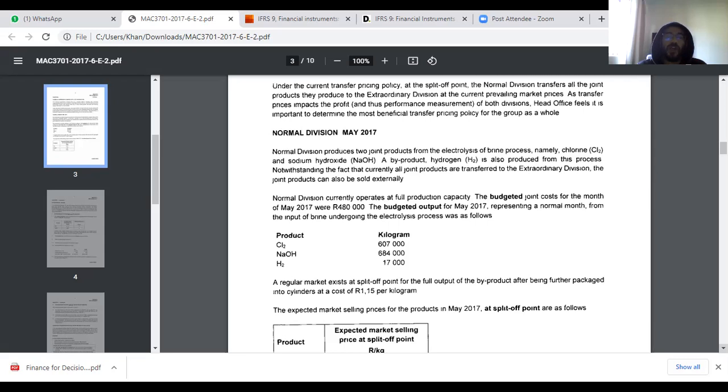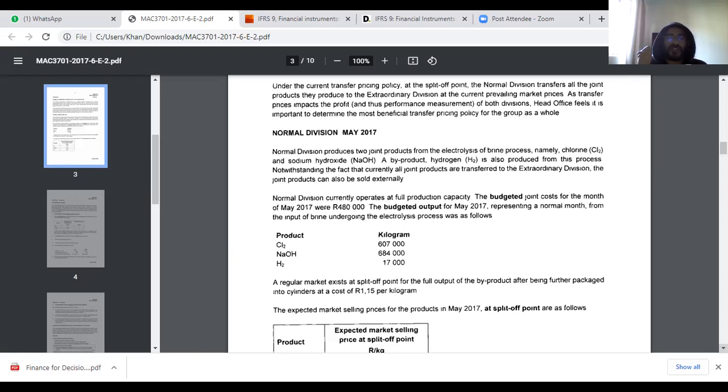So therefore, we will also be able to use market value at split-off point to determine the joint cost. Now remember, the different methods can yield different allocations of joint costs. So therefore, the question must tell us which method the company uses. So just take note, we can use two methods, physical measures as well as market value at split-off point.